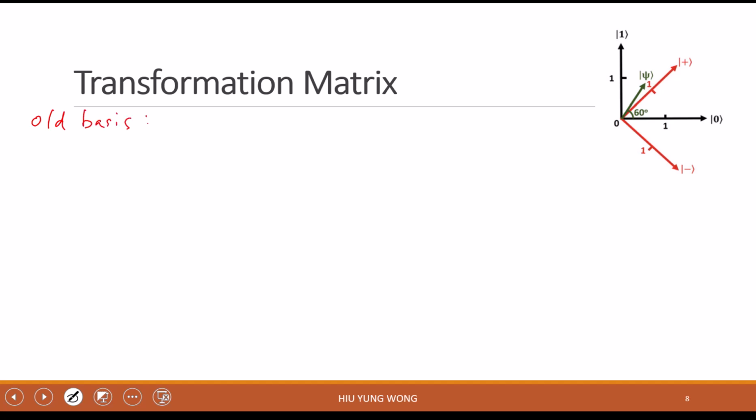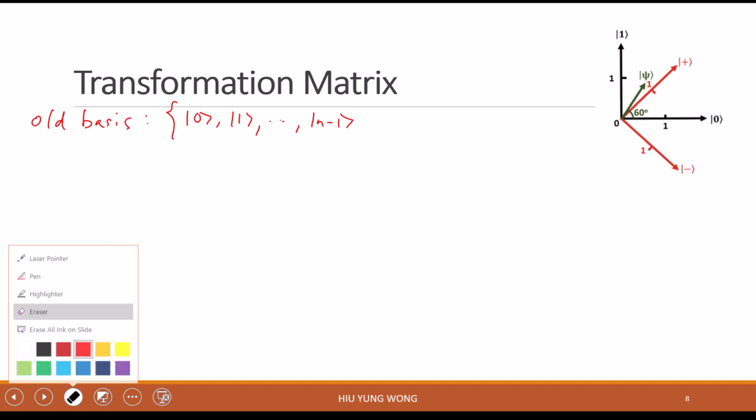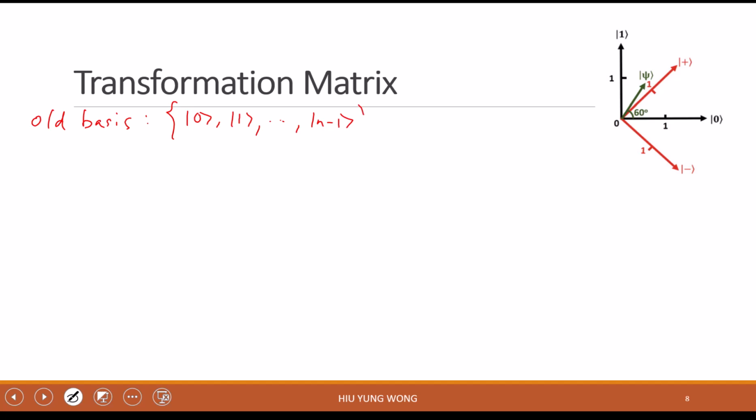This O basis has the basis vectors 0, 1, all the way to n minus 1. So what is the dimension of this space? N, right? Because I have n basis vectors. Of course, I did not say that they are orthonormal, but we assume they are orthonormal already.